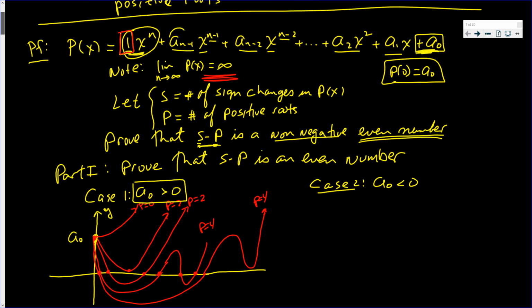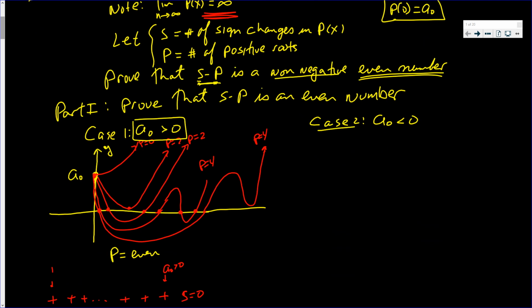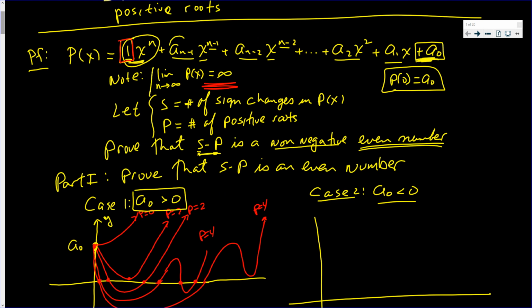Now, let us go on to case number 2. Let me just draw, okay, this is fine. So, a sub 0 is negative, and P of 0 is a sub 0. That is, that point is on the graph. And remember that the limit goes to infinity.